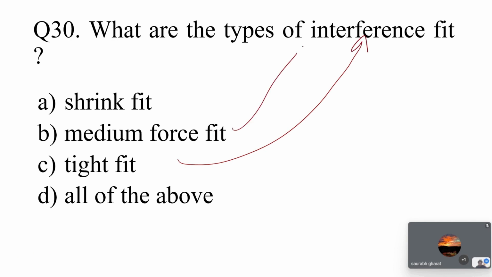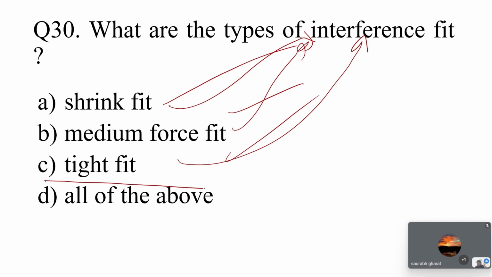Medium force is again against clearance type. So these are all part of interference, so all of the above will be the correct answer.